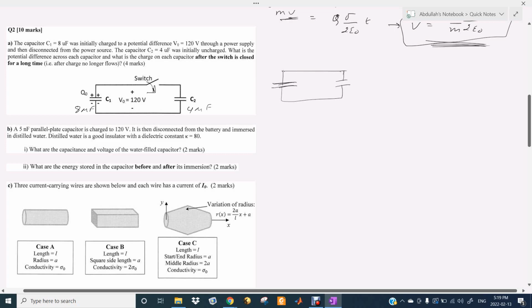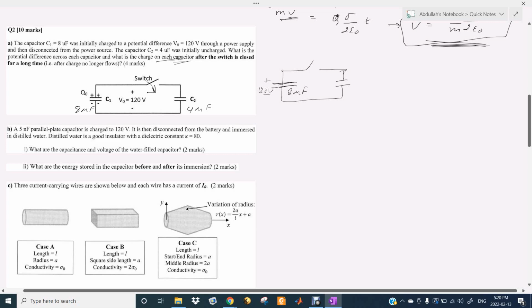When the switch was not connected, the 8 microfarad capacitor C1 had a potential of 120 volts, which means it has a charge stored inside it. They ask: once you close the switch, what will be the potential difference across each capacitor, and the charge on each capacitor?